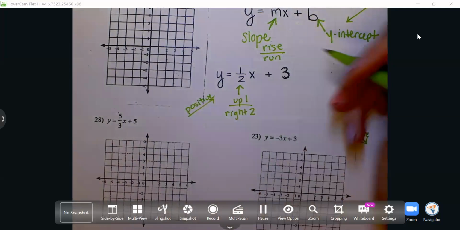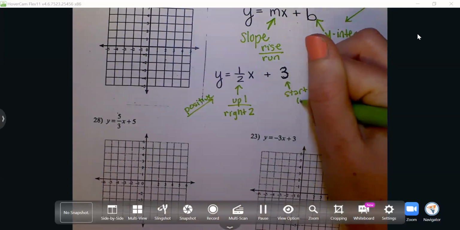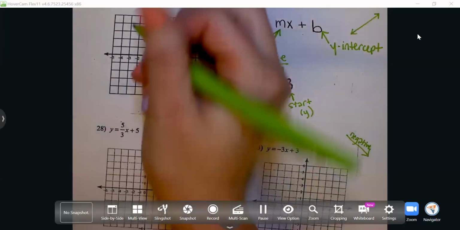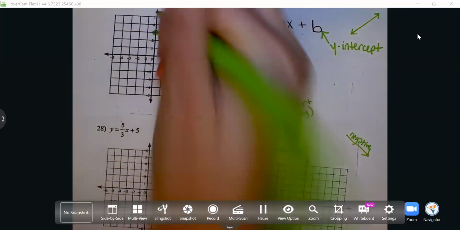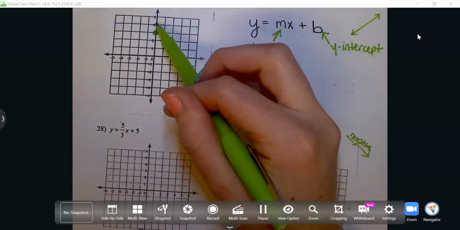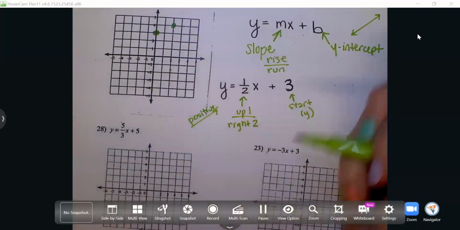My starting point, this is my y-intercept. This is where I start on the y-axis. So on my y-axis, I'm going to go to 3, and I'm going to put a nice big dot. Then I'm going to go on my slope, up 1 to the right 2. So I count up 1 to the right 2, and I put a new big dot there.